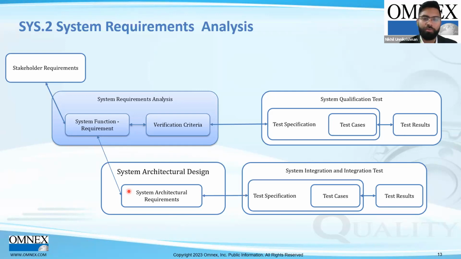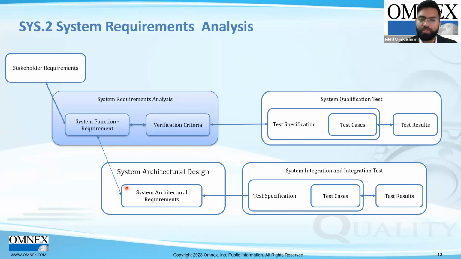So we'll also show you some example of that as we get into the subsequent slides. So with system requirements analysis, again, linking back to the systems architectural design, and then going back up in the V model on the right-hand side, you have the systems integration and integration testing process. Now, as you can see, the way it lines up with the architectural design, the main purpose with the integration process is to first put the elements of the architecture together, basically through the integration activity.